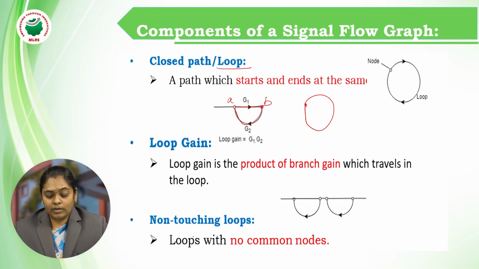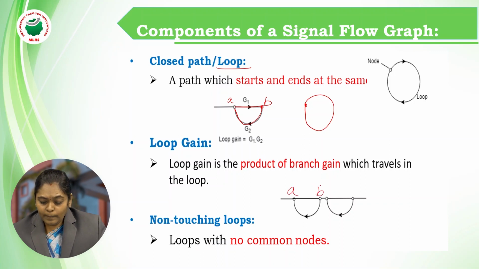And coming to the third one, non-touching loops. Here, these are loops with no common nodes. Now let me take A, B, C, D. If you observe here, the first loop starts from A and ends at B. After reaching B, again it goes back towards A. Coming to the second loop, it starts from C to D. Again, it moves from D to C. So AB is one loop, CD is one loop.